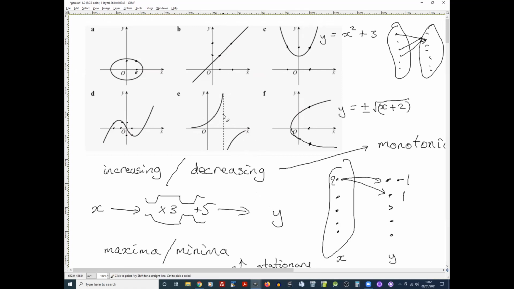Which of the examples are one to many? A. C. No, C is many to one, isn't it?